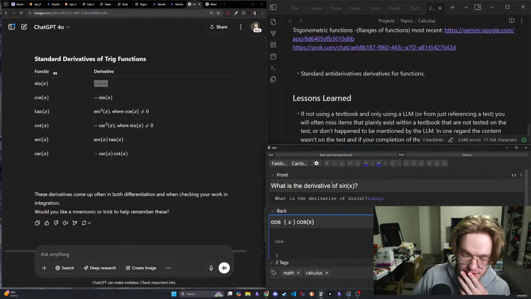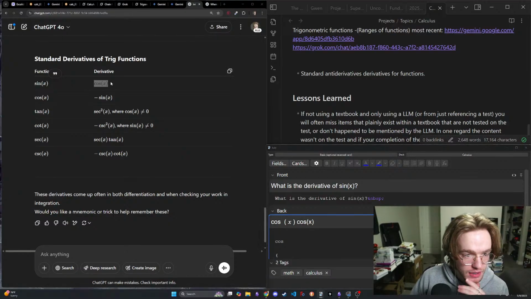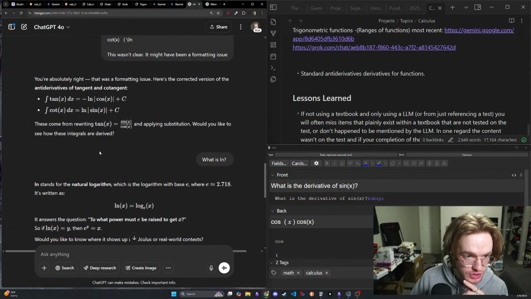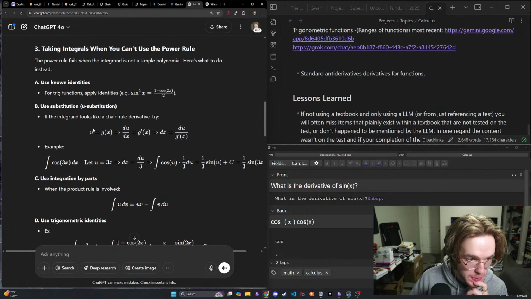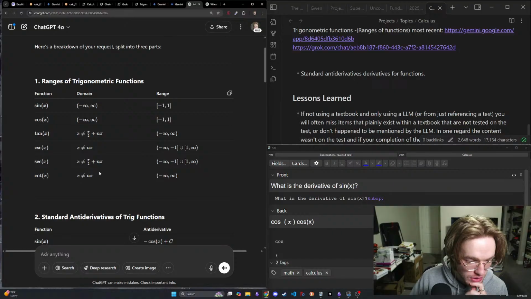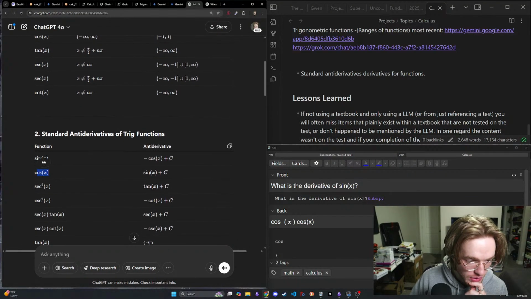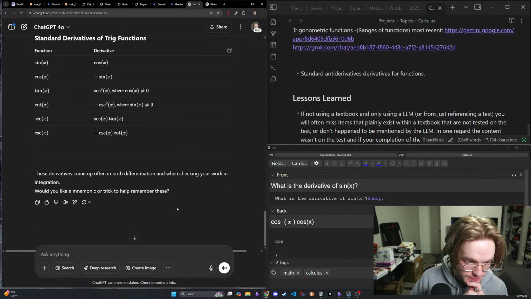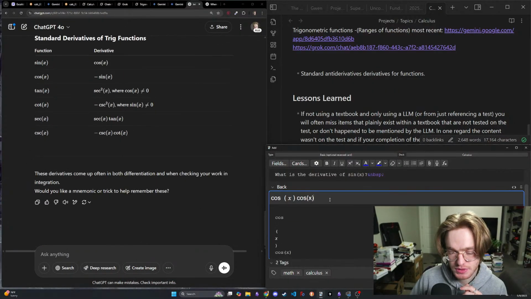Okay, so if this is the derivative of sine, then it follows that cosine's integral is sine of x, which I believe is correct. Okay, yep, but we just have this plus c. Oh my heavens.